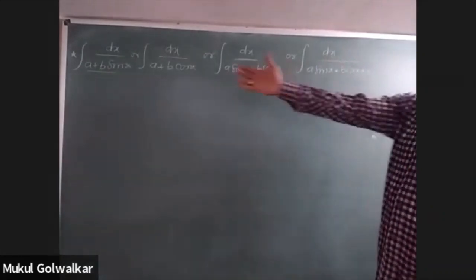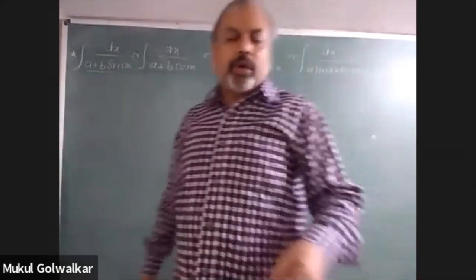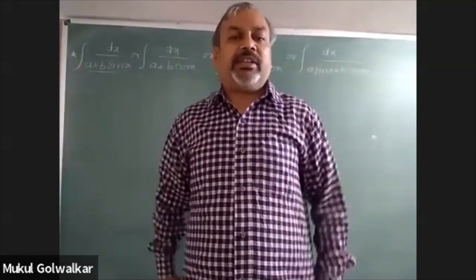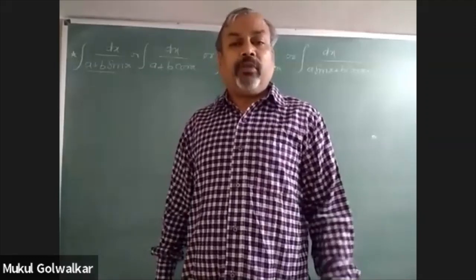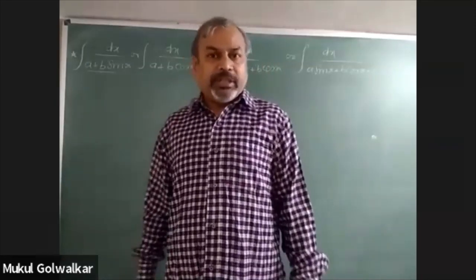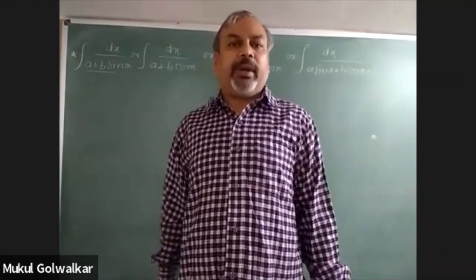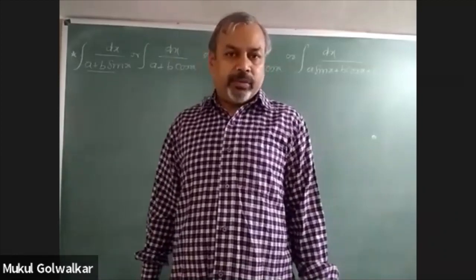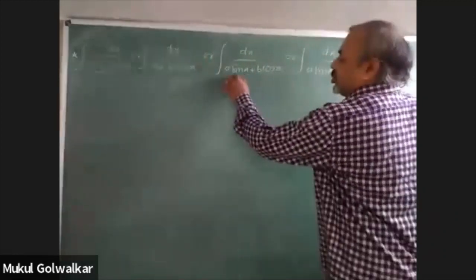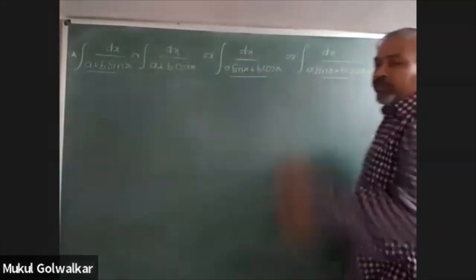All four varieties of the question will be solved by using substitution. Sin x is equal to 2 tan x by 2 upon 1 plus tan square x by 2, and cos x is equal to 1 minus tan square x by 2 upon 1 plus tan square x by 2. Do you want me to solve any question of this variety where both of the functions are there?